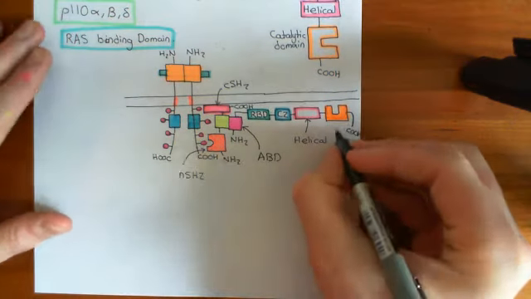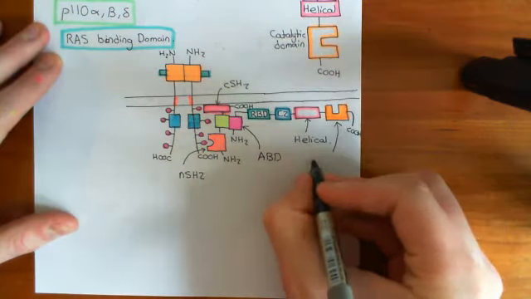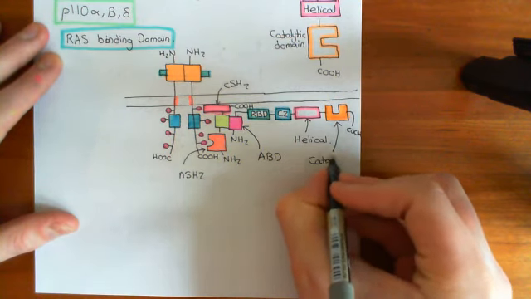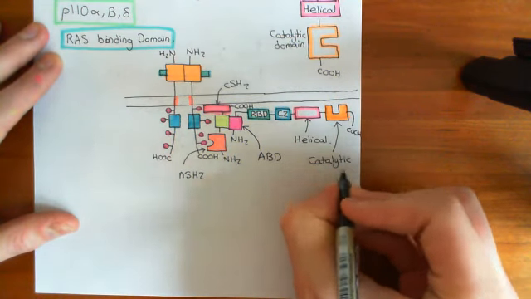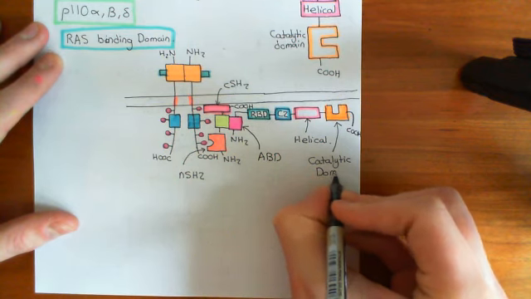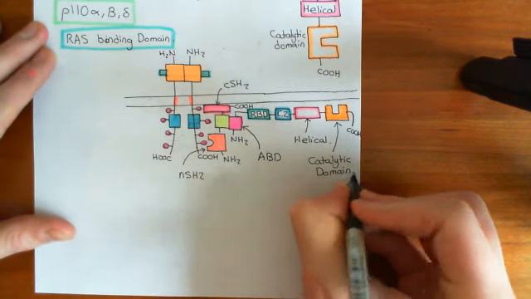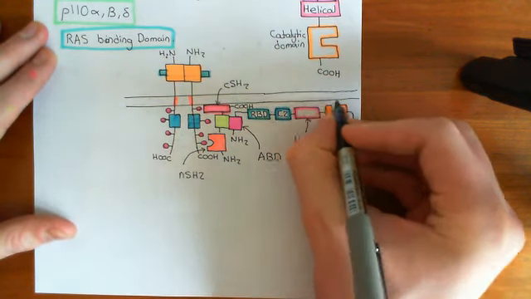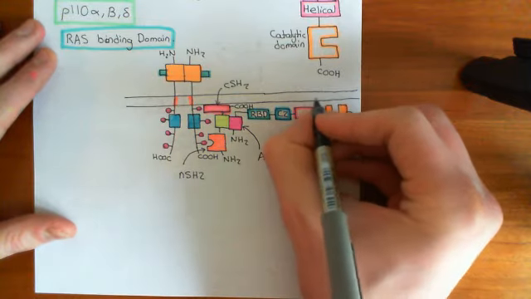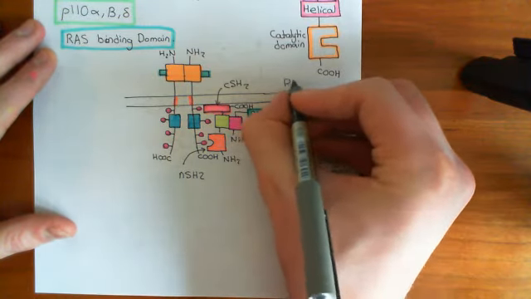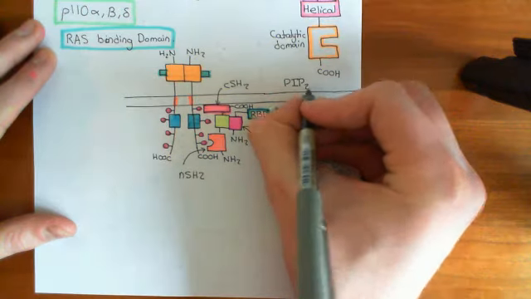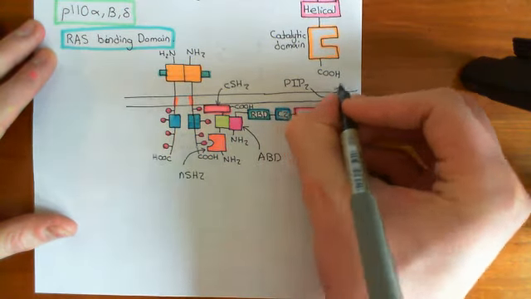So this catalytic domain here is now going to start converting phosphatidylinositol 4,5-bisphosphate molecules into phosphatidylinositol 3,4,5-trisphosphate molecules. Okay, so in the membrane, you're going to get the conversion of PIP2 molecules into PIP3 molecules.